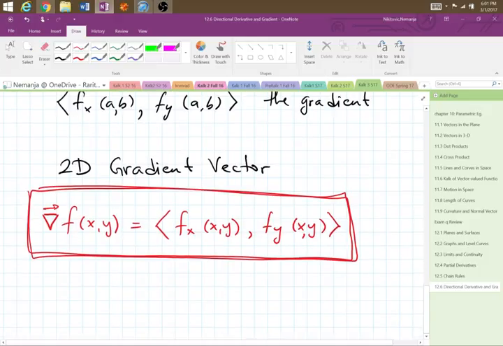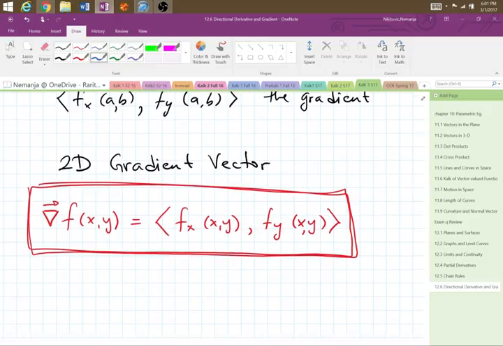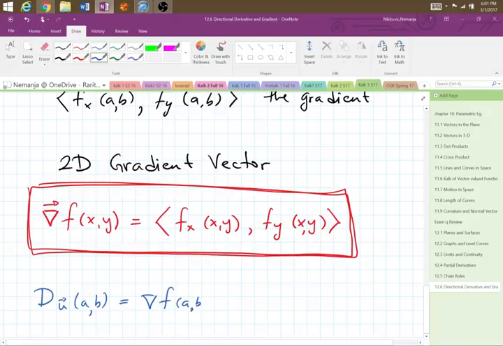So knowing this definition, I can recast the notation for our directional derivative by stating that the directional derivative in the direction of vector u at (a, b) is simply the gradient of the function computed at (a, b), dotted with the unit vector u, which has a hat because it's a unit vector.